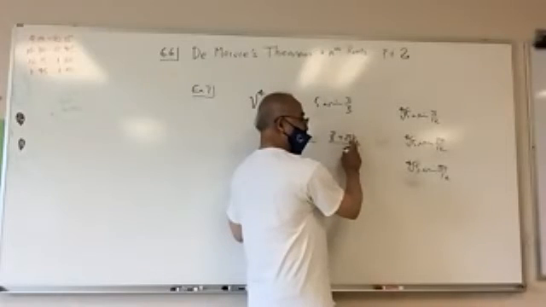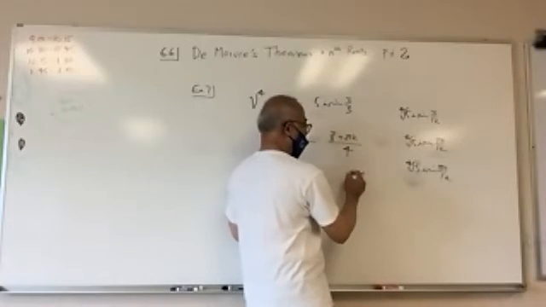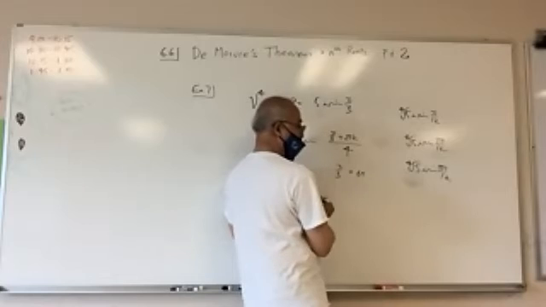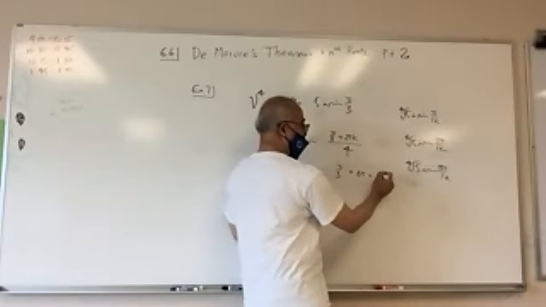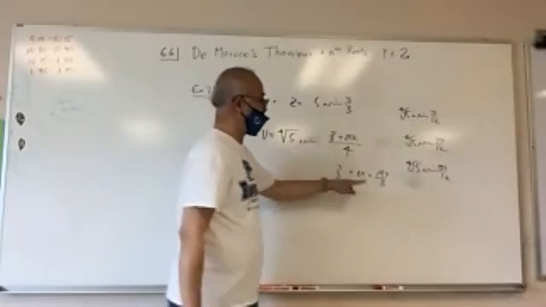When k is equal to 3, the last one would be 6 pi, right? 19 pi over 3. You're going to divide that by 4.